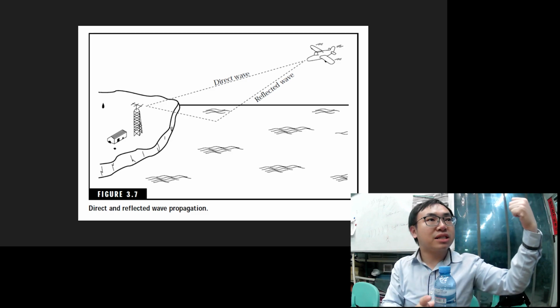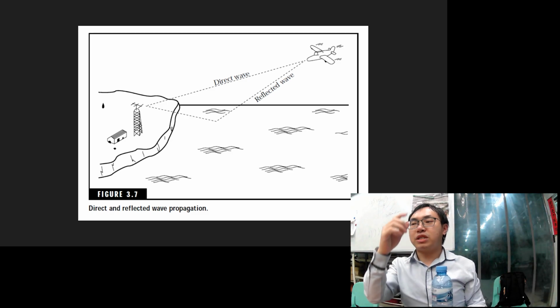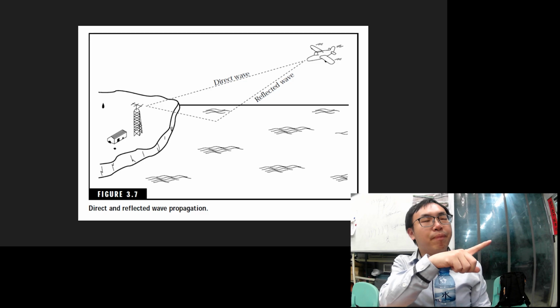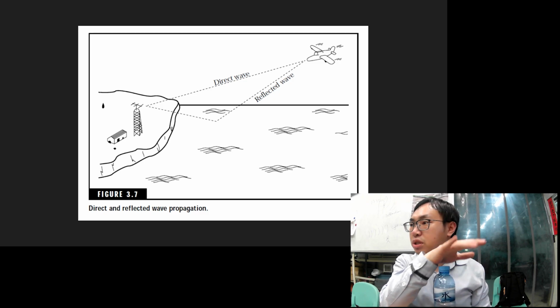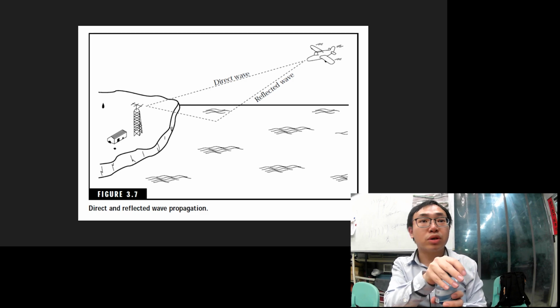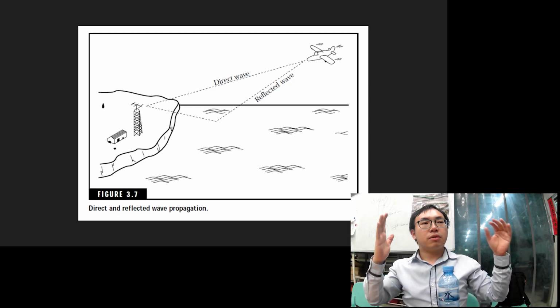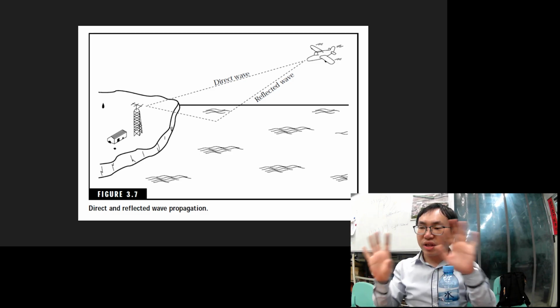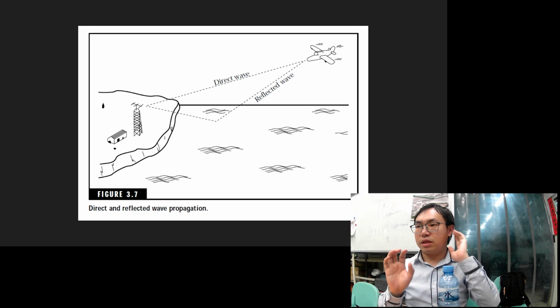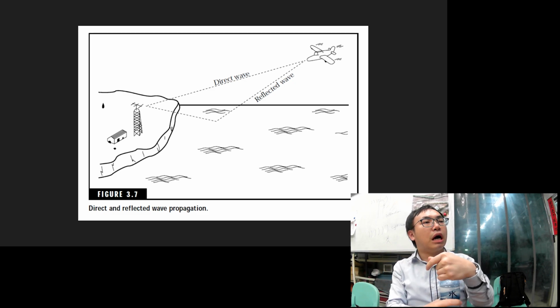Okay, same as radio wave, but this time the reflection is not limited to mirrors. Sometimes they use ground, they use water, they use different kinds of medium for reflection. But in short, they all have something in common.